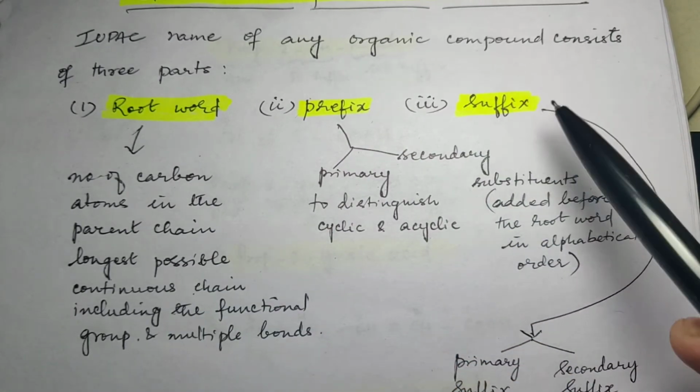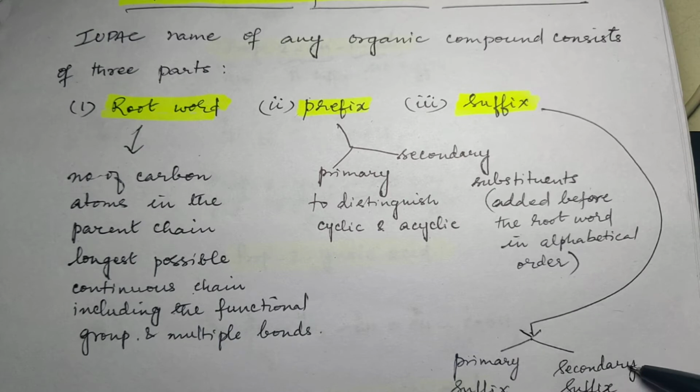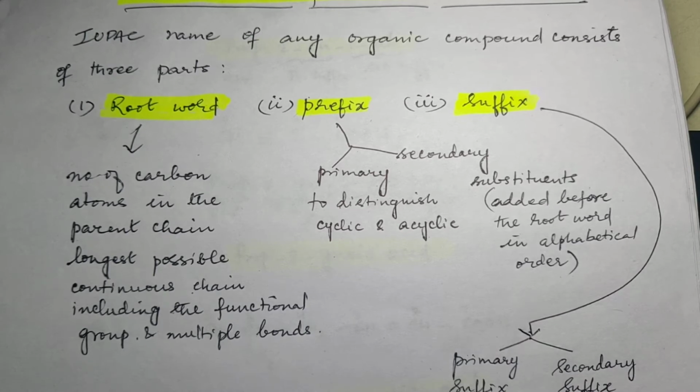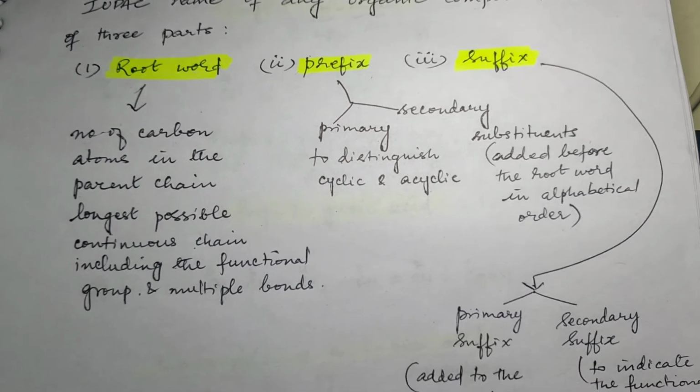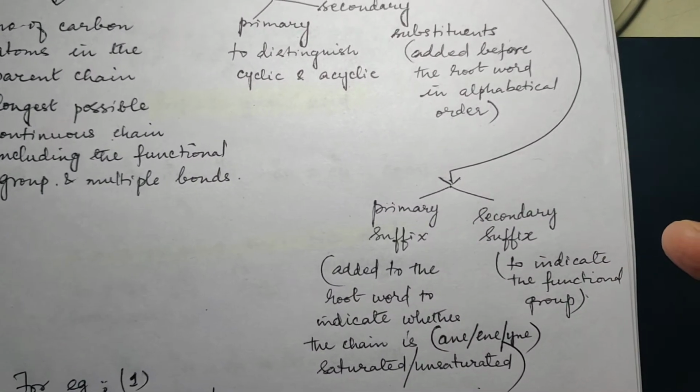Then what is suffix? Suffix is written after the root word, and again suffix is also of two types, primary suffix and secondary suffix. Now what is primary suffix? Primary suffix is added to the root word to indicate whether the chain is saturated or unsaturated.